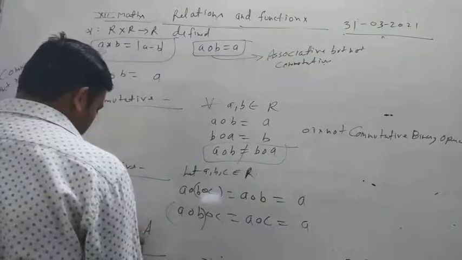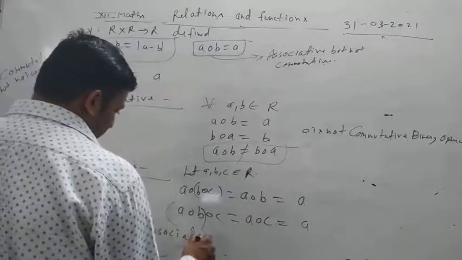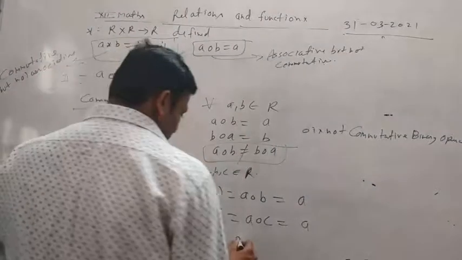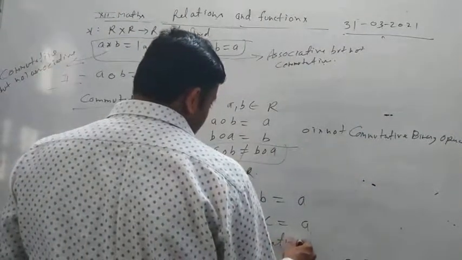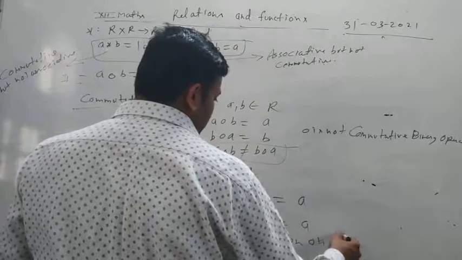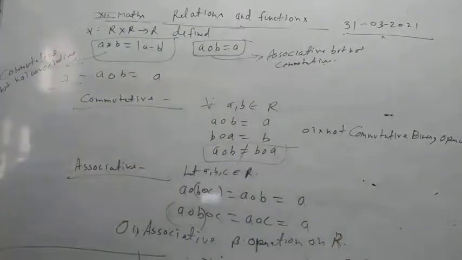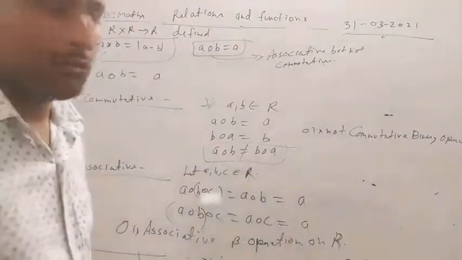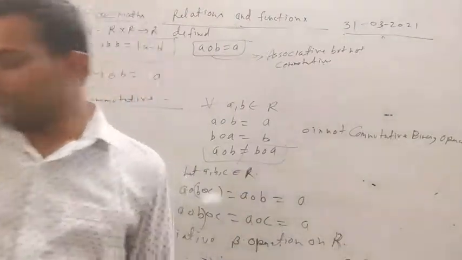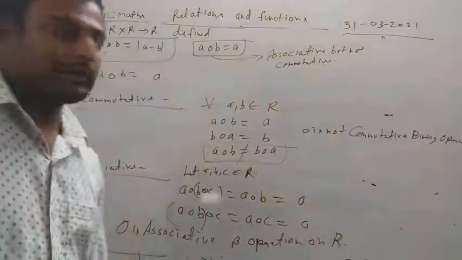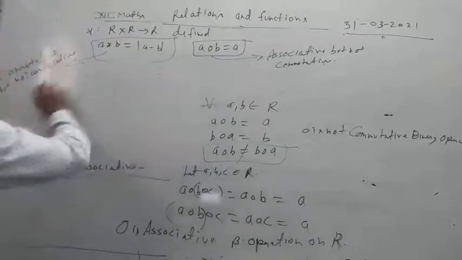So the operation is an associative binary operation on R. Okay students, I hope you understand both parts clearly. In this way we can prove commutative and associative.